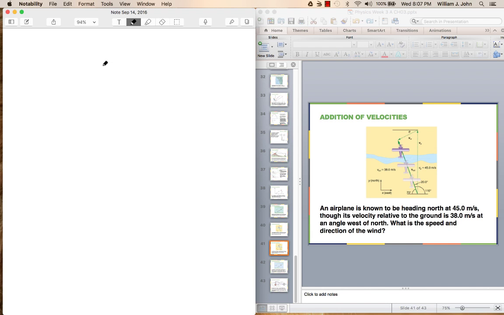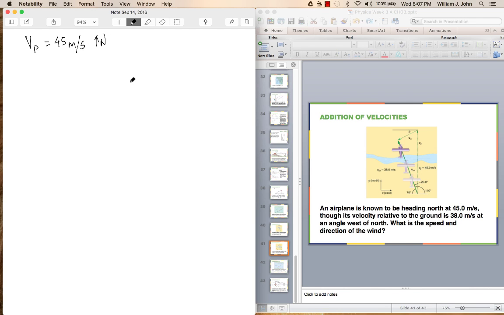Okay, according to the problem, the airplane is known to be heading north at a velocity of 45 meters per second. So the plane's velocity, represented by Vp, is 45 meters per second due north.